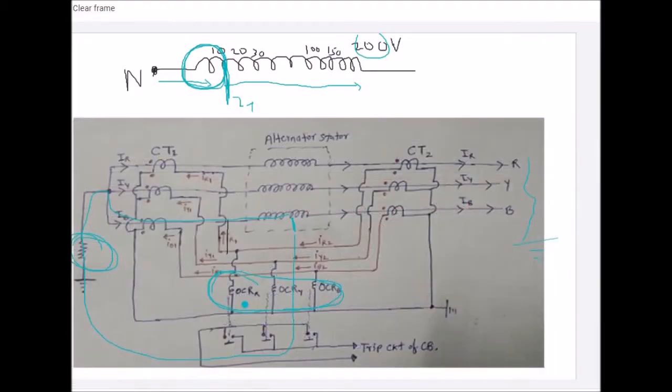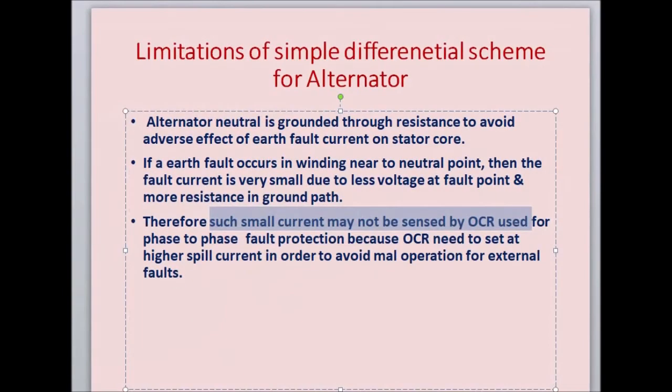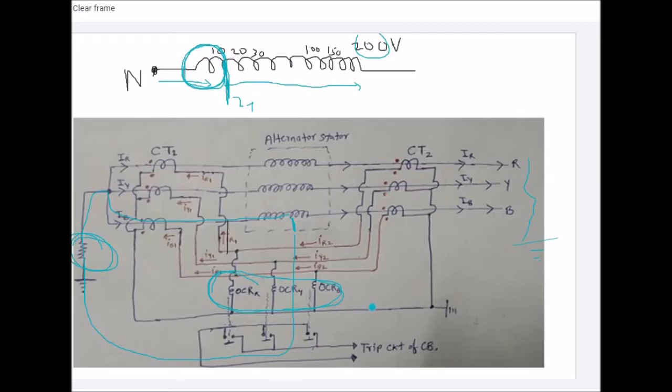So the overcurrent relays for phase-to-phase faults need to be set at a higher value, and then for an earth fault near the neutral, the current is small and may not be sensed by those relays. In simple terms, this simple differential protection scheme may not sense an earth fault which happens very near to the neutral point.